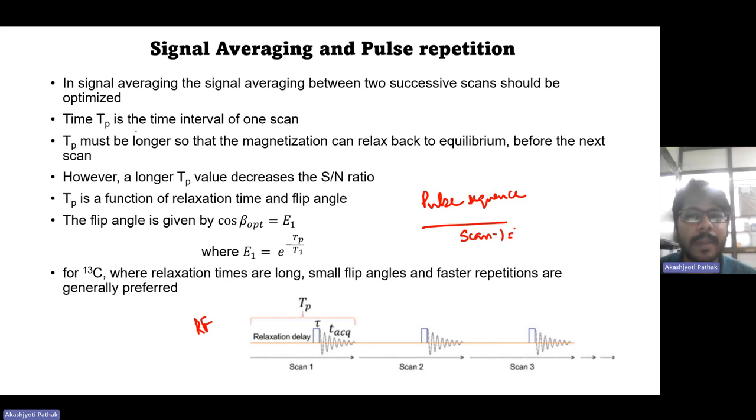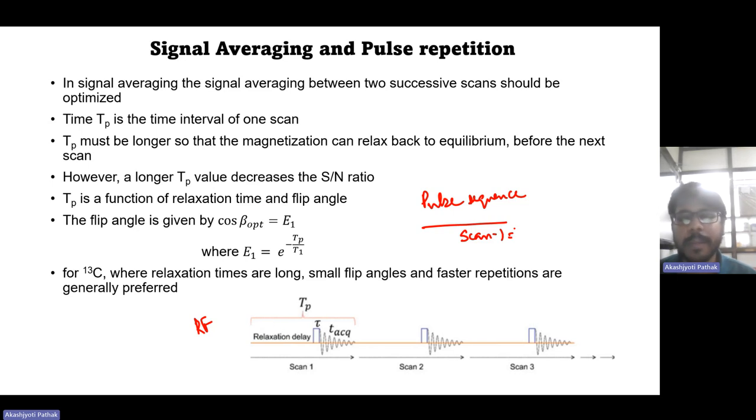So in signal averaging, this time should be optimized. So what is TP? You can see in this figure the time TP is the time interval of one scan.